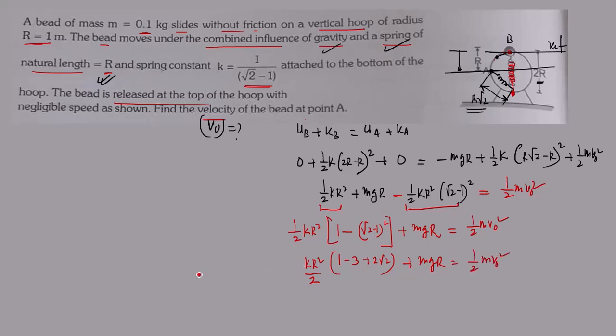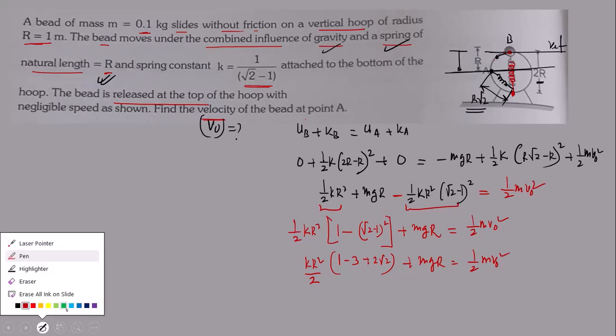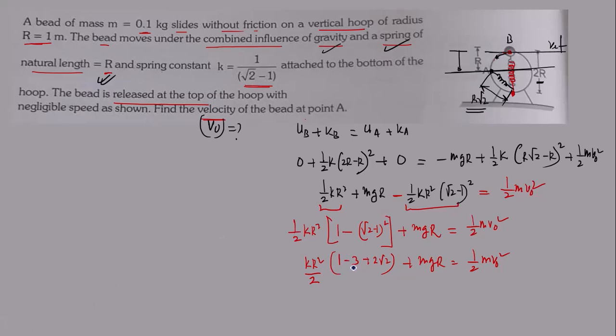Taking 2 common, it cancels out, so ultimately k R square into (root 2 minus 1) plus mgR equals half m V naught square. Now it is given that k is 1 by (root 2 minus 1), so root 2 minus 1 cancels off, and we are left with only R square.